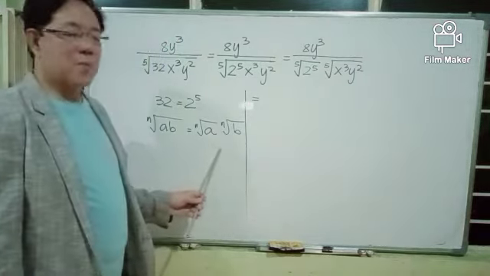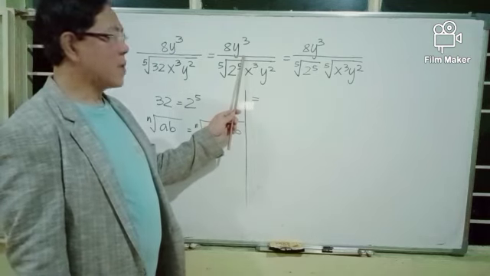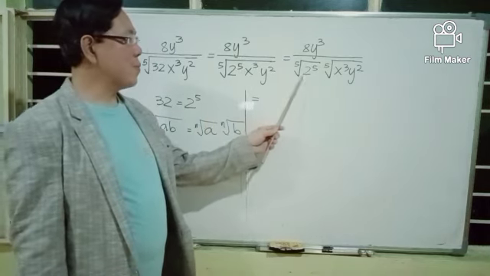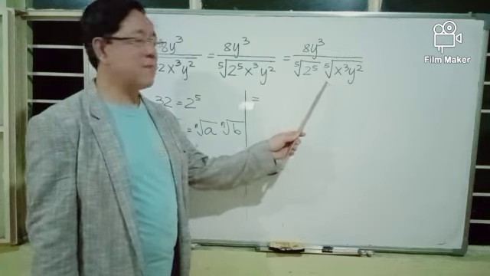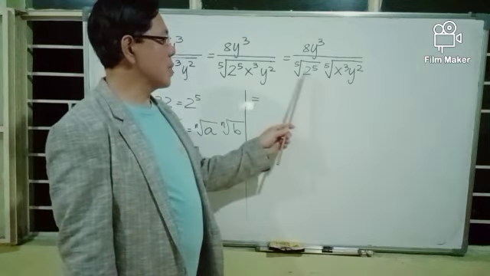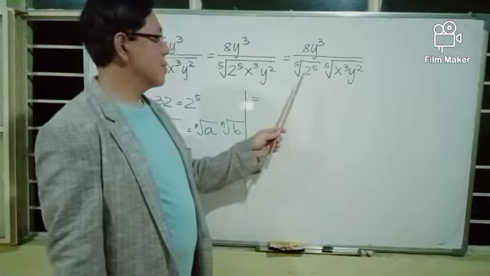Using this property of radical, we split this into the product of two radicals with the same index 5.